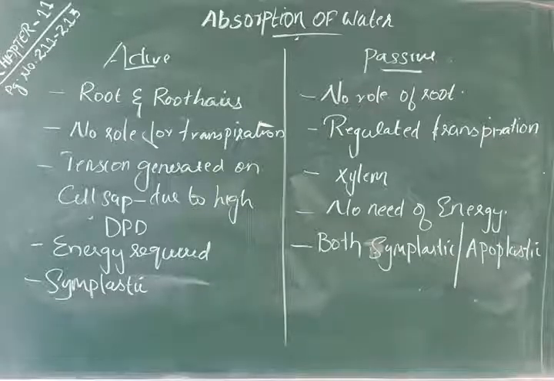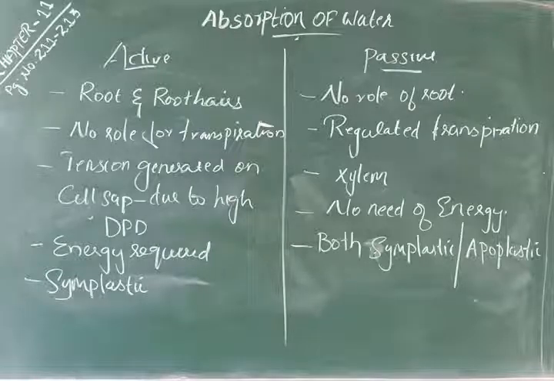Apoplastic pathway includes crossing cell walls, extracellular spaces and interior of some dead cells, whereas symplastic is through the plasmodesmata. Then the transmembrane route means it may cross the plasma membrane of every cell. So water can enter from one side of the cell and exit through the other side of the cell.